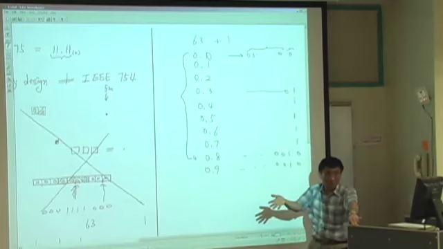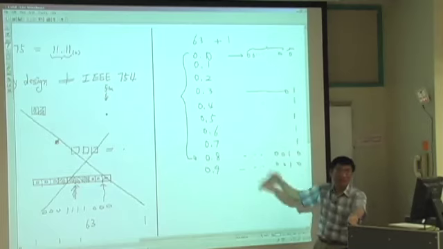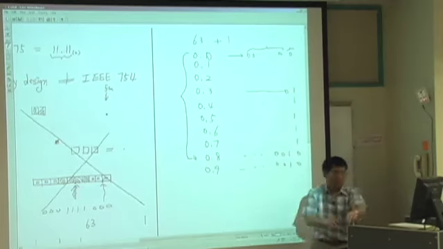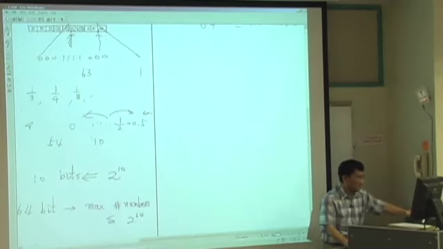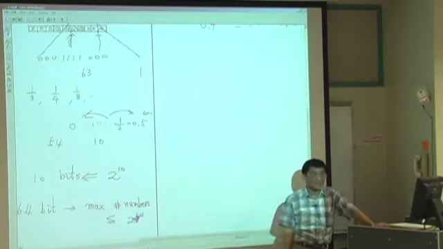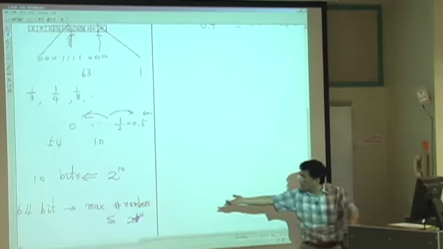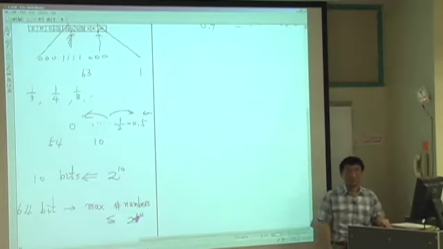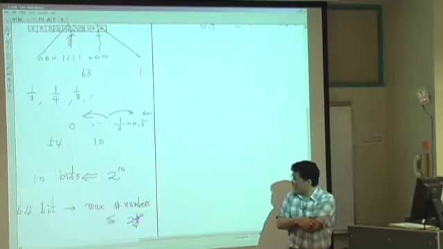No matter what design you follow, the number of numbers that you can represent by bits is limited by 2 to the power of something, right? Assume that you use n bits, then 2 to the power of n is the maximum number that you can represent. If we have overlapping, then it may represent fewer than these numbers, right? So I want to mention this thing before we go any further, or before we cover technical steps.